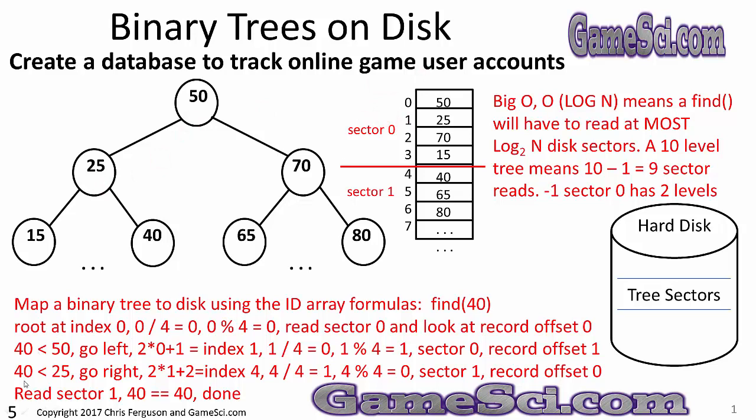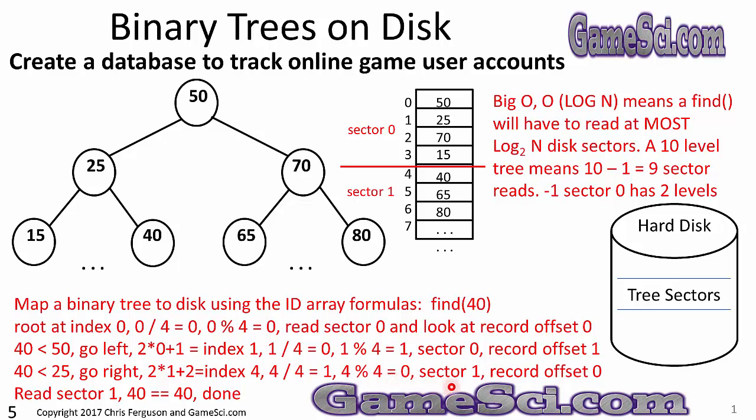The 25 means we do a 40 less than 25. That is a false statement. When what we're looking for, 40, is not less than the node we're looking at, 25, we go right. Going right in a 1D mapping of a binary tree says 2 times 1 plus 2. That is index 4. The right child of 25 is at index 4. 4 divided by 4 says we should find the right child in sector 1. 4 modulus 4 is 0.